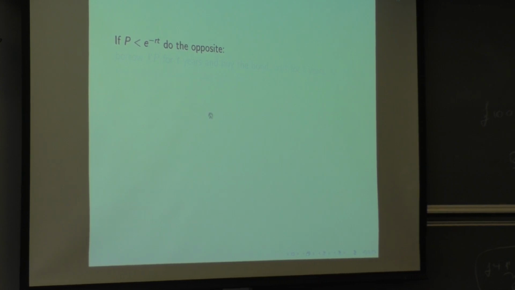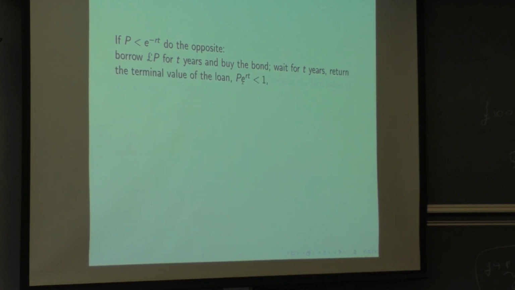First, you have to arrange for some money. You borrow P pounds. You buy the bond. You wait for T years. Now you have to repay this much money, P times e to the RT, which under our assumption is less than 1, which is fine because you're going to now go to someone and say, give me my £1. They're going to give you £1.